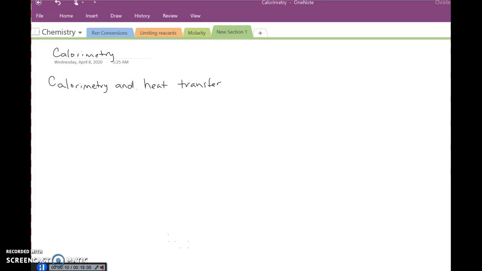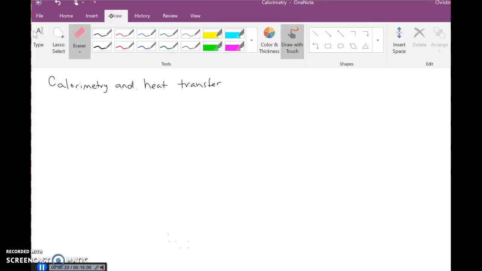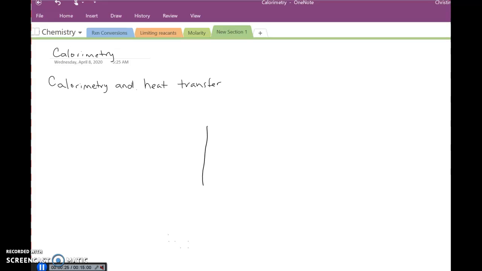Okay, so what we're starting off with is a coffee cup calorimeter. So we have a coffee cup, and this coffee cup has a lid on it, and it has a thermometer.